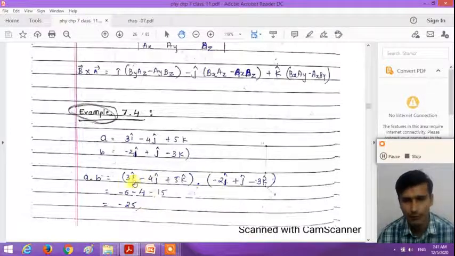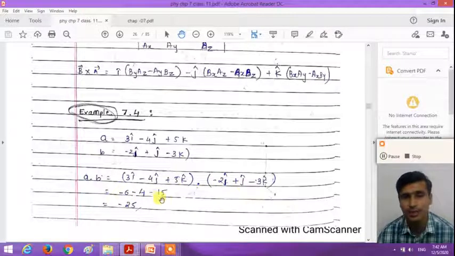To find the scalar product, write both vectors with a dot in between. So how do we find it? Multiply the x components of both vectors. Here 3 into minus 2, since i dot i is equal to 1, is minus 6. Minus 4 into 1 is minus 4, and 5 into minus 3 is minus 15.